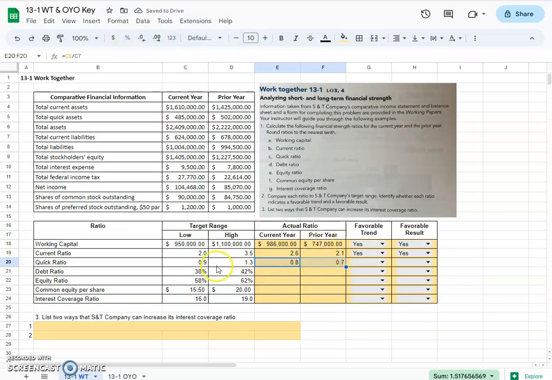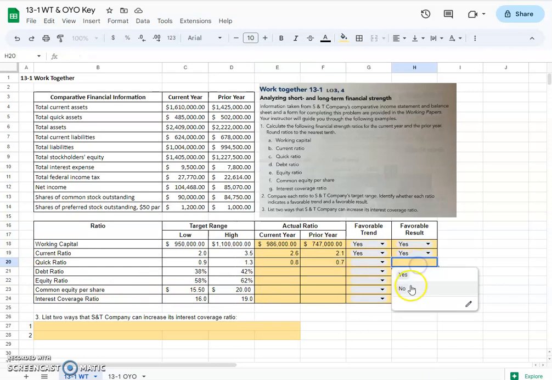We want to be between 0.9 and 1.3. We are not; we're still at just 0.8. Is this a favorable result? No, because we're outside of this range. But is it a good trend? Yes, we're headed in the right direction. If it continues, we'll be within range next year.